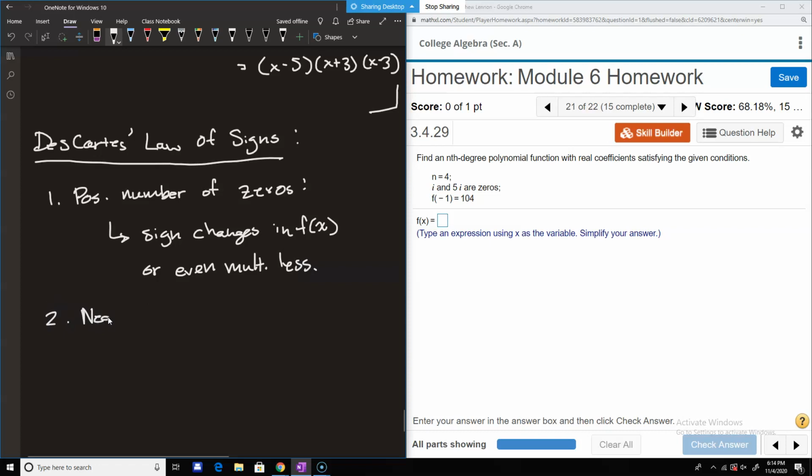Negative zeros: it's the sign changes in f of minus x, or an even multiple less.